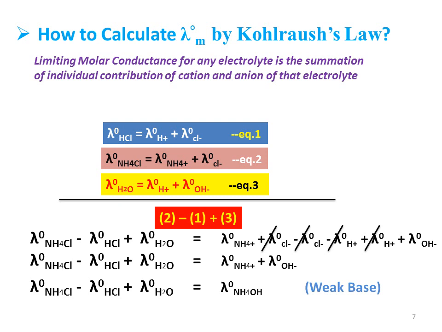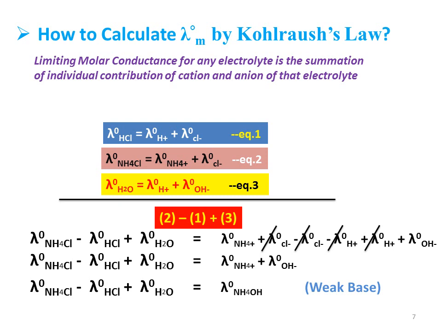Similarly, in equation number 2, we have ammonium chloride, because I have said that besides HCl we will add two other strong electrolytes. One is ammonium chloride, the second is water. In the case of ammonium chloride, its limiting molar conductance will be equal to the molar conductance of ammonium ions at zero concentration plus the molar conductance of chloride ions at zero concentration.